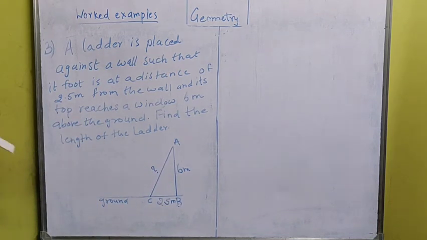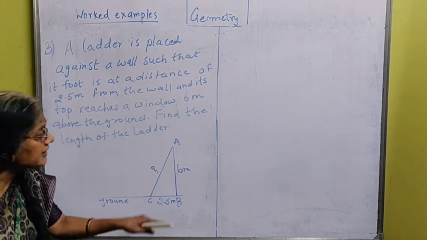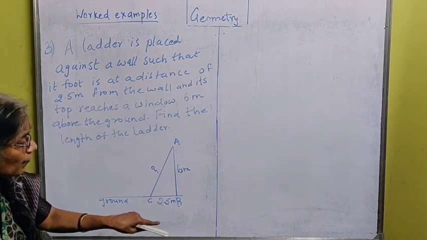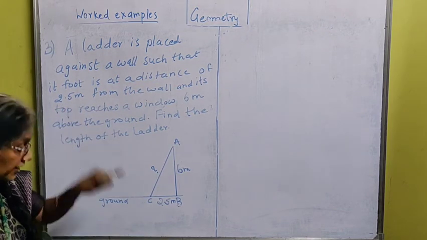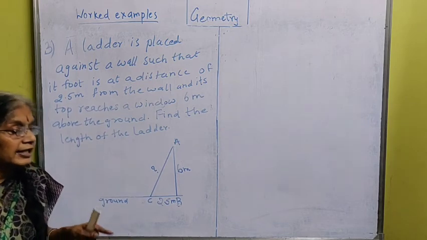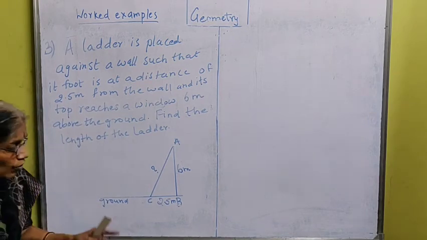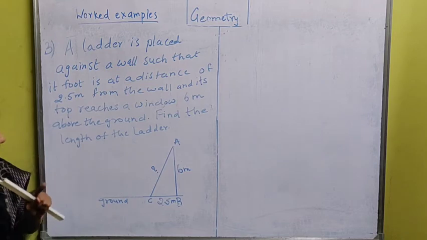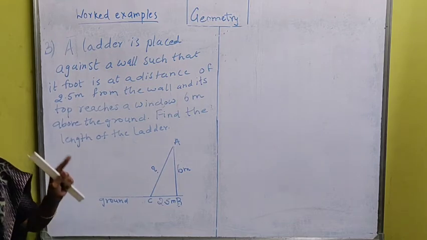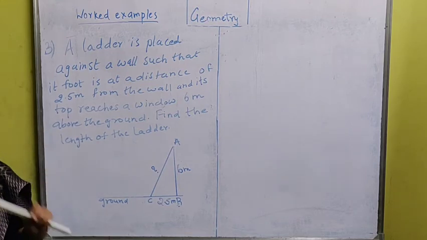Here, the verbal statement is very important. You know that AB is a wall, but for correction purposes, when the evaluator sits, they should know what is AB, what is BC and what is AC. So the verbal statement is very, very important.